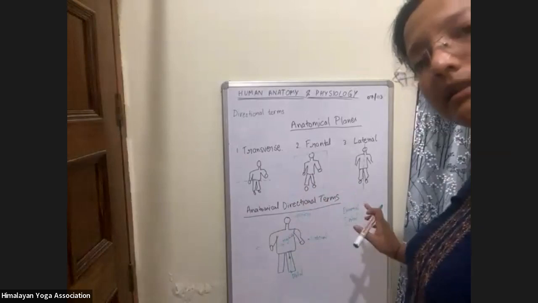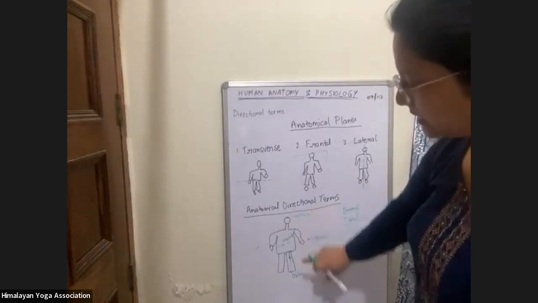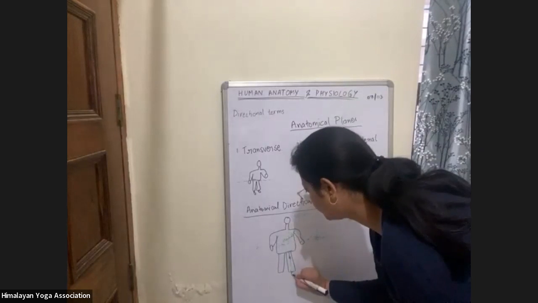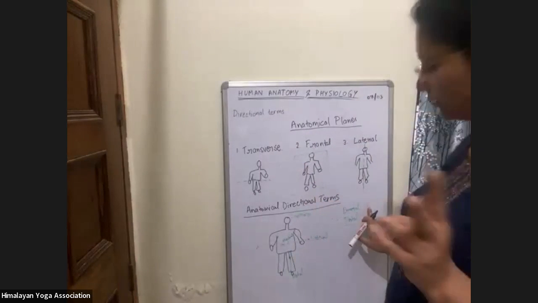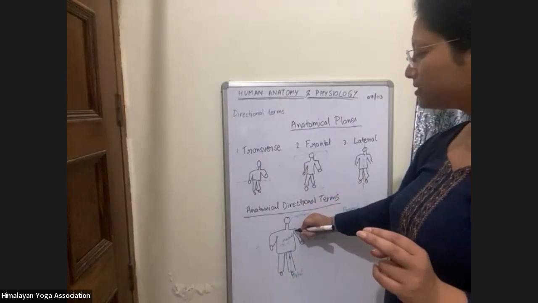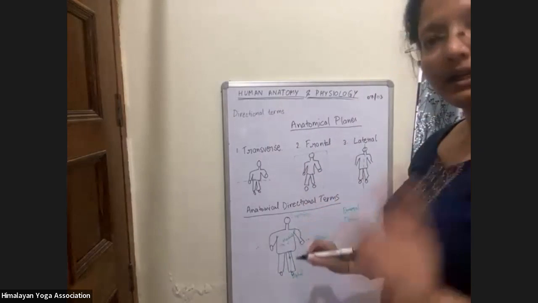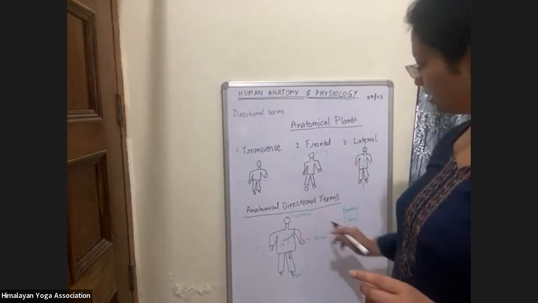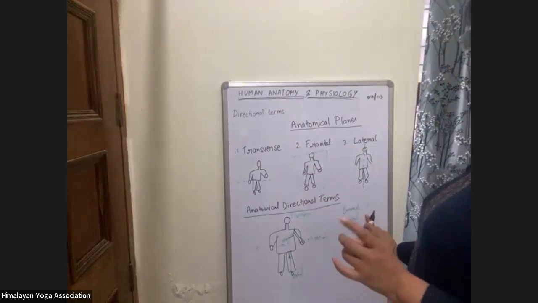If it is at a distance, it's called distal. For either limbs, hands or legs, it's the same. So we have learned two terms, proximal and distal.